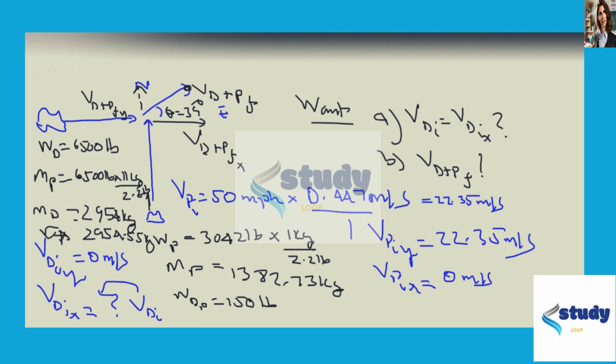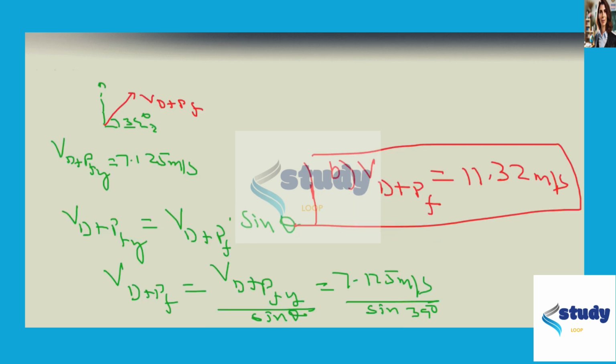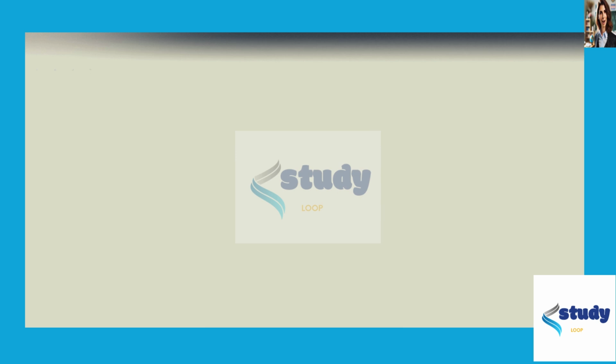The other requirement of the problem was to get the initial velocity of the Durango in the x direction. So we're again using the law of conservation of momentum. And since now we already have the final velocity, it's really easier for us.